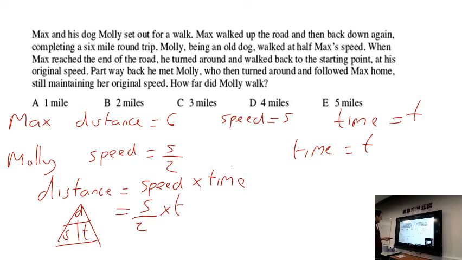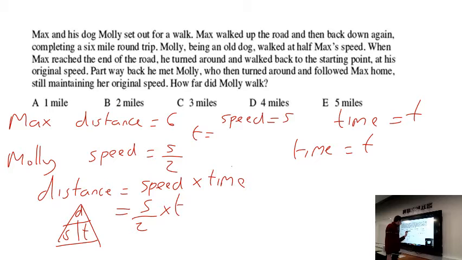So maybe I can create an equation relating speed and time with regards to Max. So what do we know? Okay, time. What's time? Time, here I've used the cover-up rule, is equal to distance divided by speed.